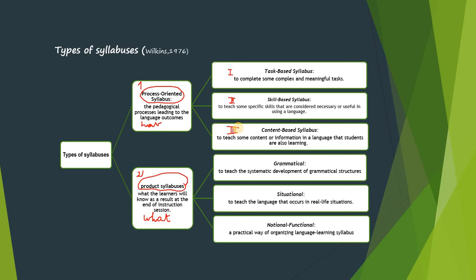It is normally designed when the purpose of the syllabus is to complete some complex and meaningful tasks. And of course, the primary purpose in this case is to complete the tasks. However, language competence is developed through the very process of performing the tasks.